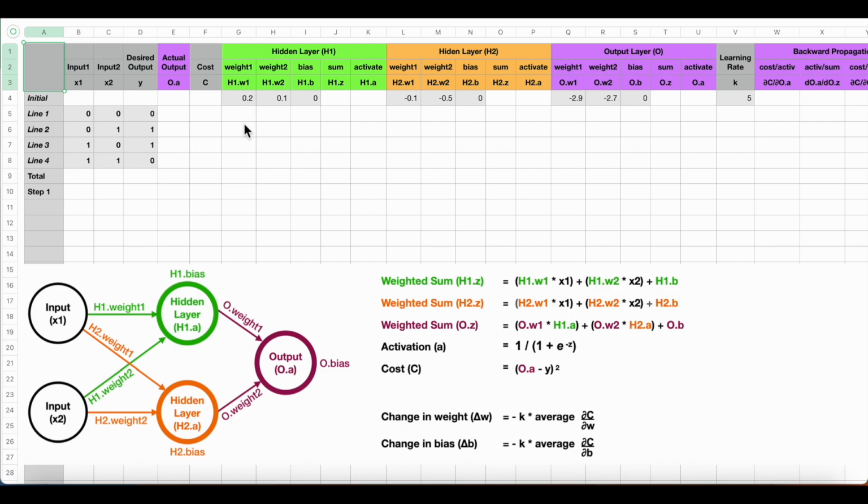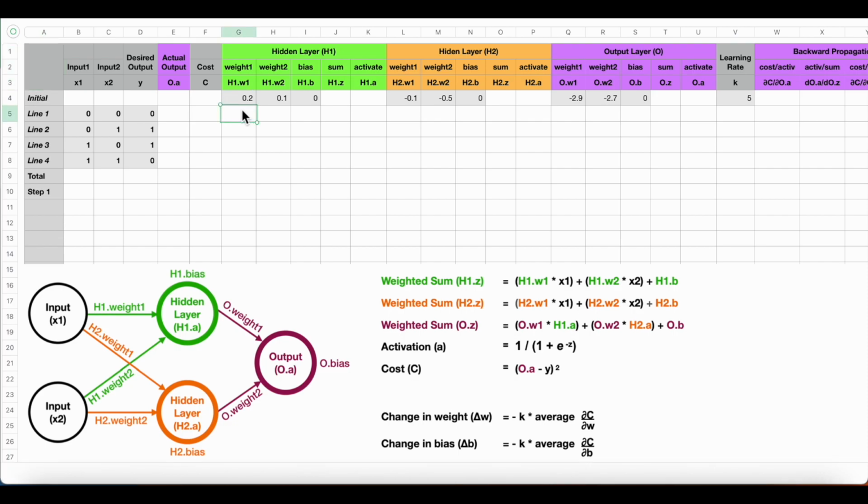I'm using Apple Numbers because that allows the formulas to use the column and row headers that I've set up. That'll make it a little bit easier to follow along. But the formulas are the same in Microsoft Excel and Google Sheets.